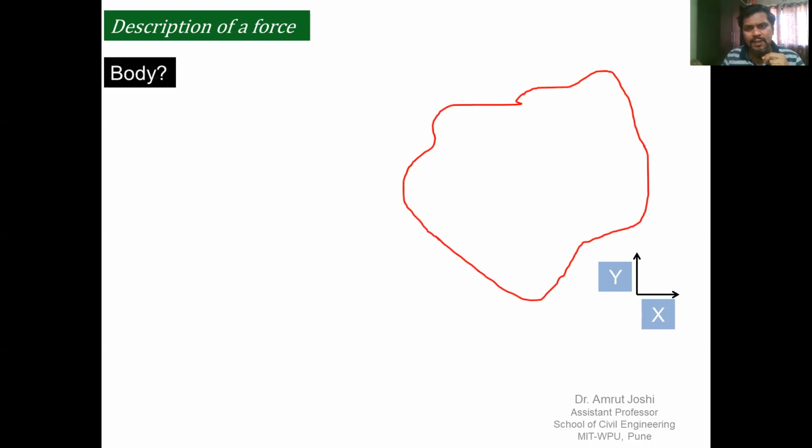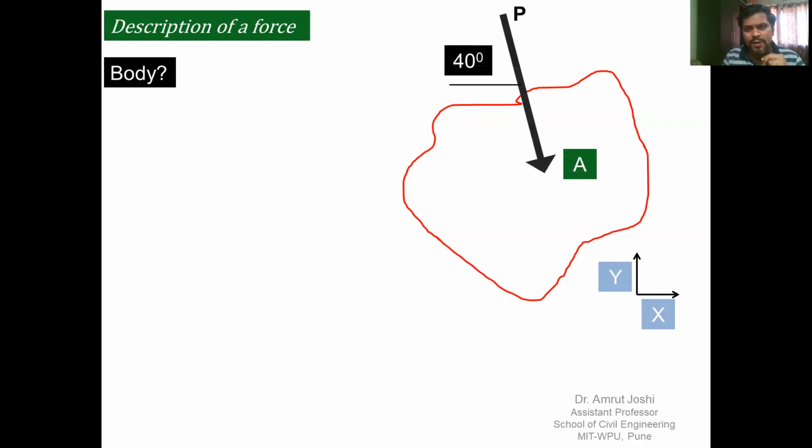So let us consider a body as marked in red color here. You will be wondering why have I marked this body in amoeba shape? The simple reason for this is I am not interested in shape and size of the body. That means whenever the shape and size of the body is immaterial, I am going to draw it in an arbitrary shape.